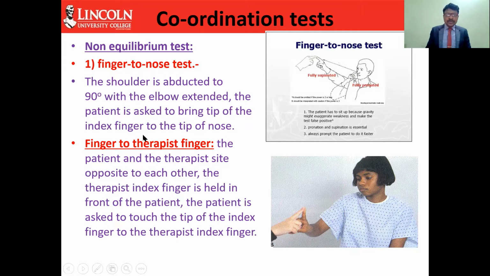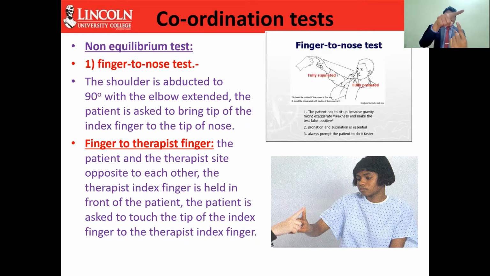The next one is the finger to therapist finger test. The therapist should stand or sit in front of the patient, and the patient is asked to touch the therapist's finger directly. This is the normal response. Those with incoordination, hypometria or hypermetria, are unable to reach the finger exactly.